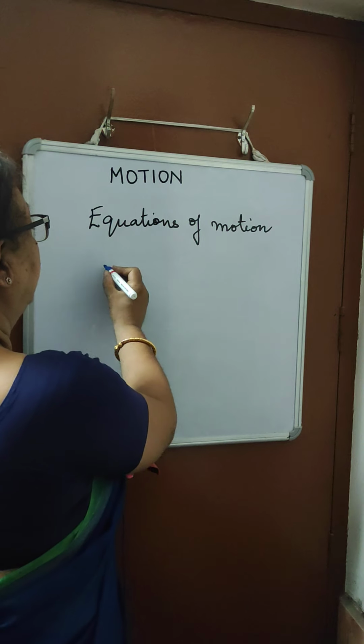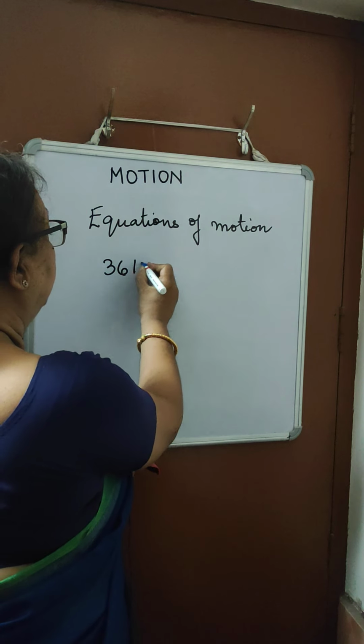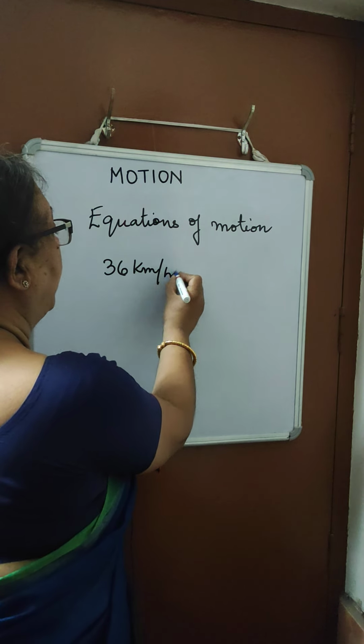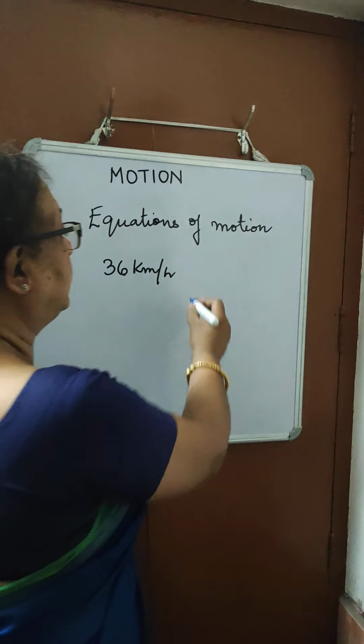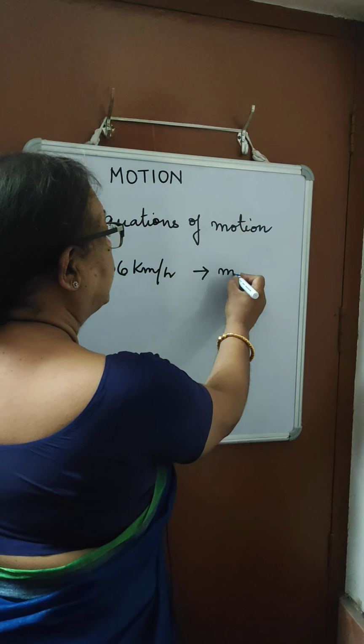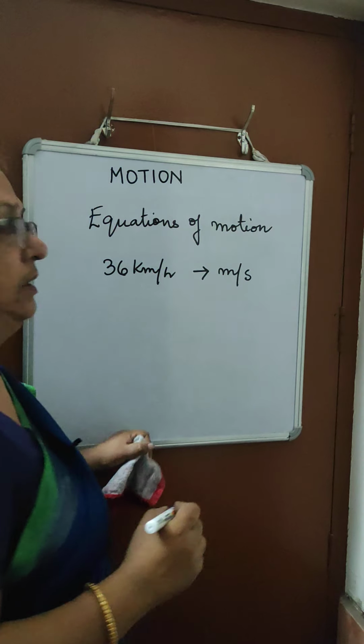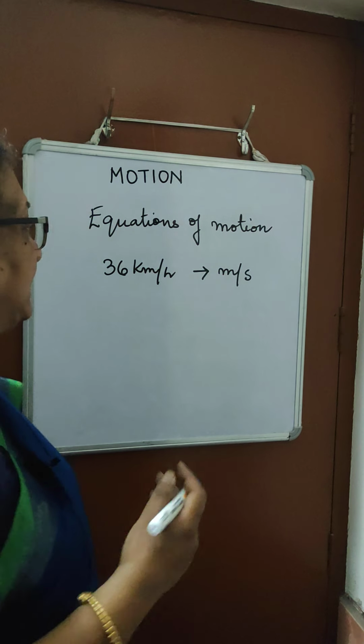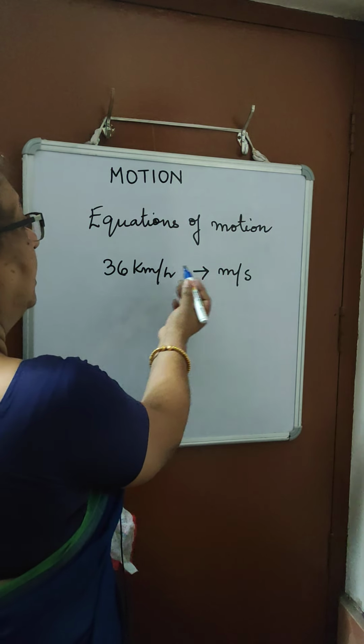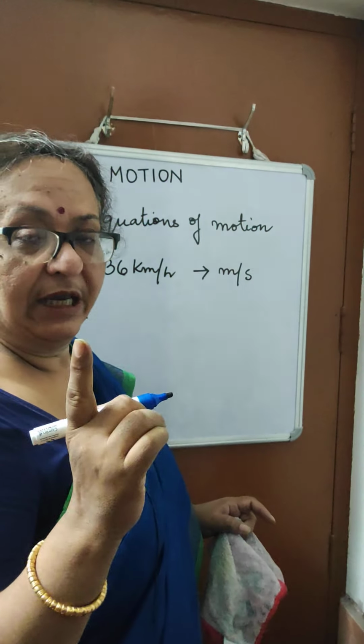Suppose you have 36 kilometer per hour. You want to convert it to meter per second. How to convert it to meter per second? We know 1000 meter is equal to 1 kilometer.